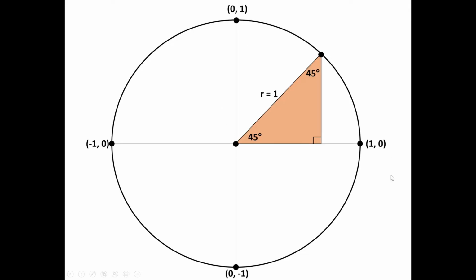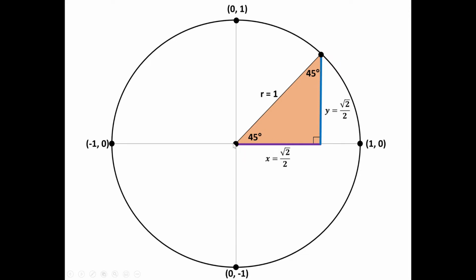What I'm going to do now is place that 45, 45, 90 triangle on this unit circle. And here, instead of calling this hypotenuse C, we'll call it R, which means the length of the radius is 1. The length of this hypotenuse is 1. You may recall from the previous slide, this blue line represented the sine of this interior angle right here, and this purple line represented the cosine of this interior angle.